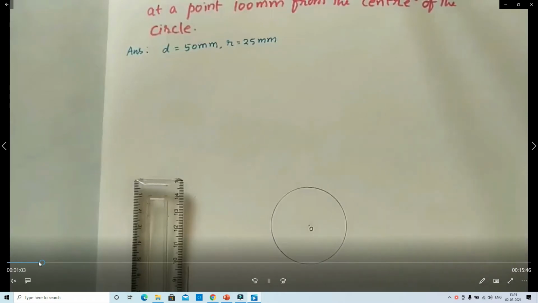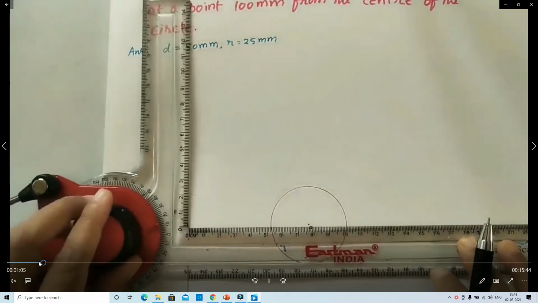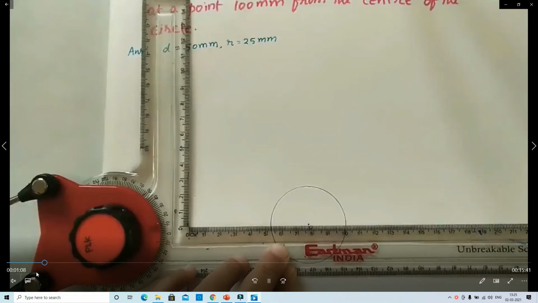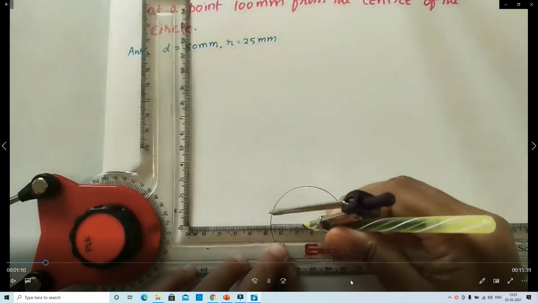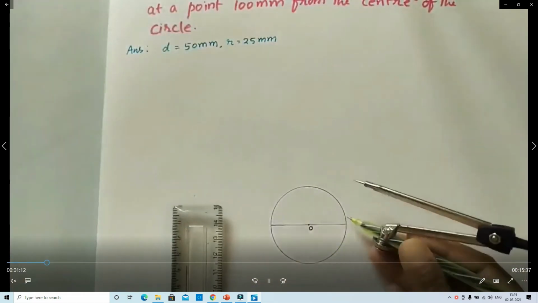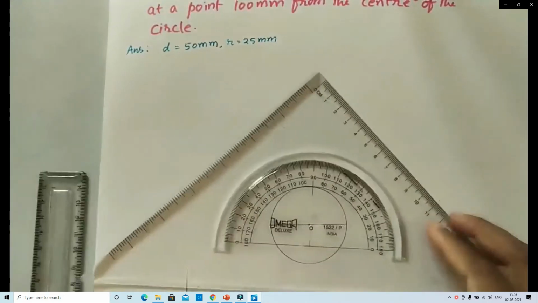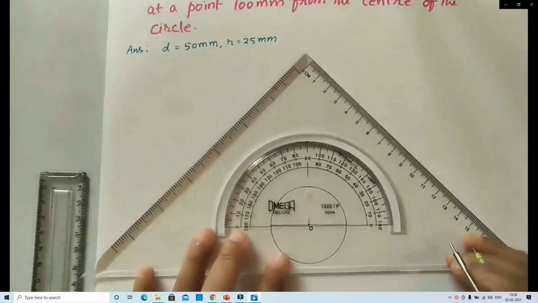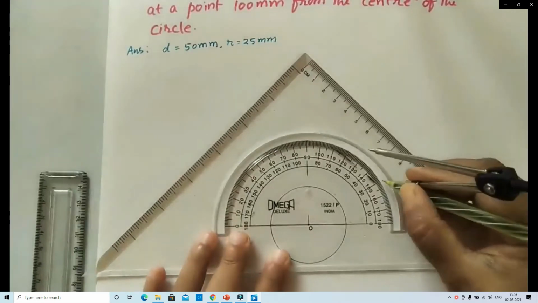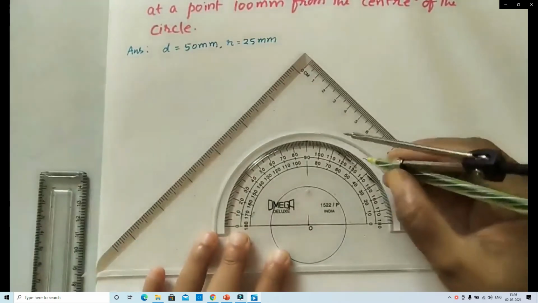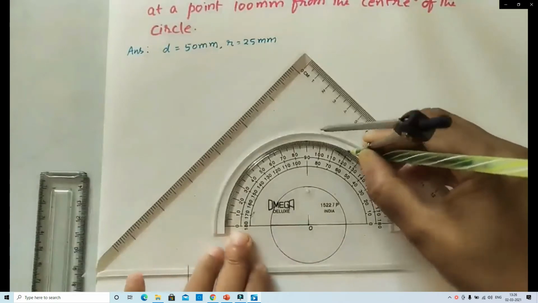In this way, we divide the total circle into 12 equal parts: 30, 60, 90, 120, 150, 180, 210, and in this way up to 360.